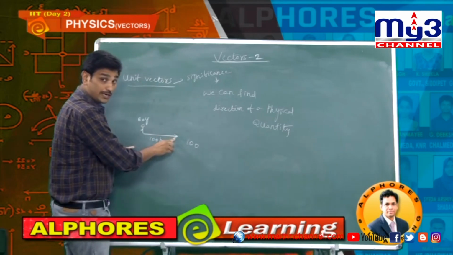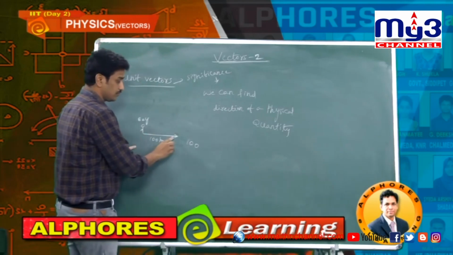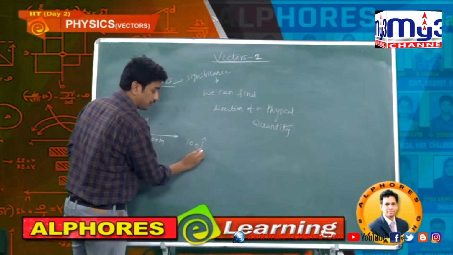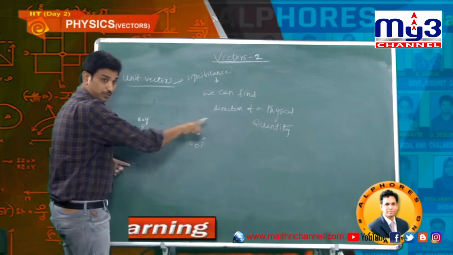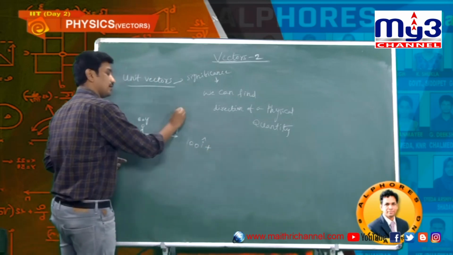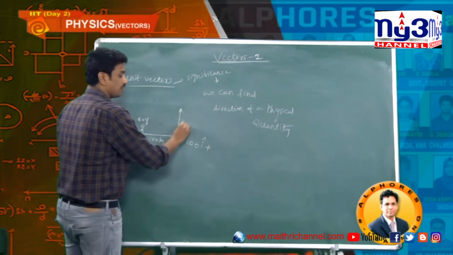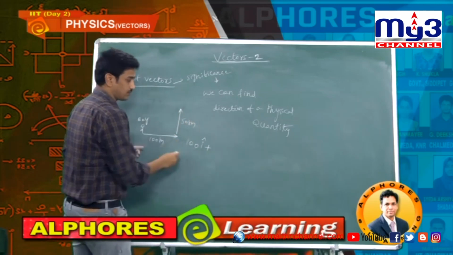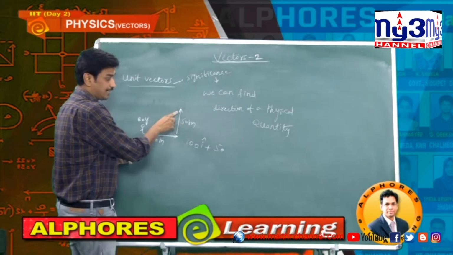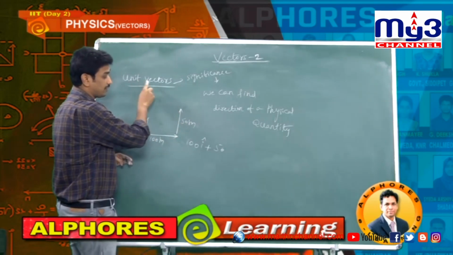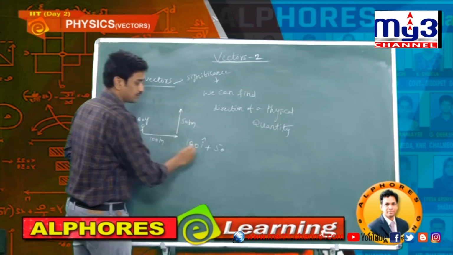I will take the help of I cap. I cap is a unit vector representing the direction of the x axis, this direction. Suppose after 100, 50 meters along the y axis. I know the magnitude 50, but not the direction, so I take the help of a unit vector. Which unit vector is along the y axis?